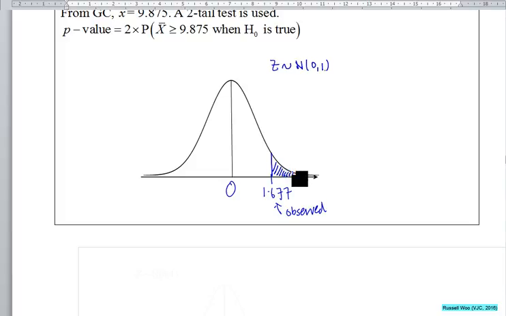But because this is a two-tailed test, the area of this is not the p-value.